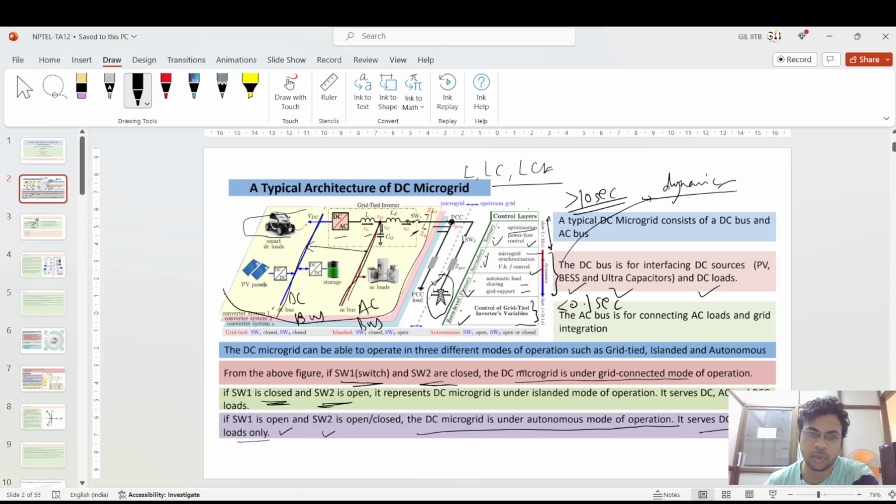When you are connecting this grid with this microgrid setup, there should be control algorithms or control features involved. Because the AC system generated by this inverter may have harmonics. Suppose in the grid you don't need the third harmonic, but your system is generating a lot of third harmonic.